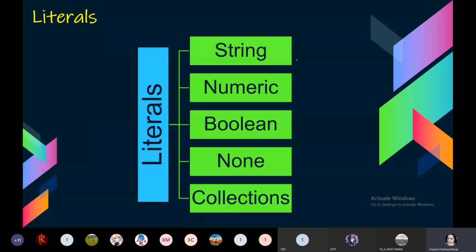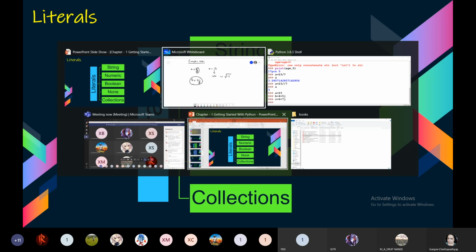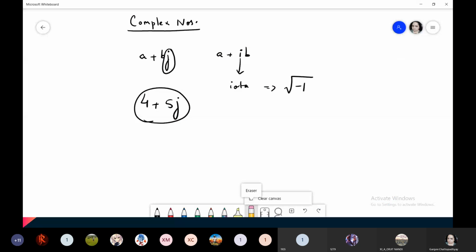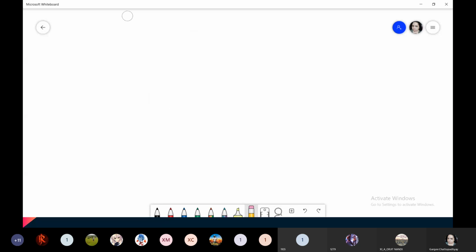Next is, we have completed string, we have completed numeric. Now we will be moving on to Boolean. So next is what? Boolean. Now what are Boolean values?